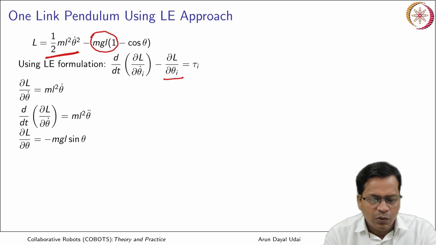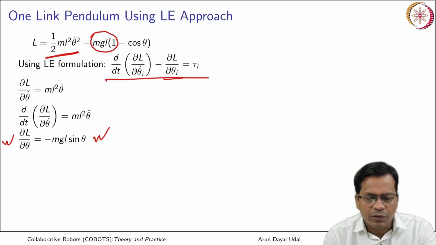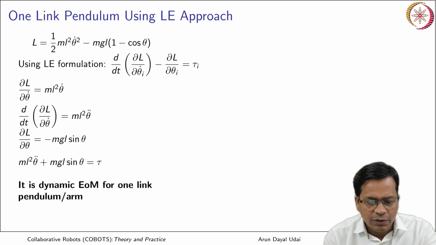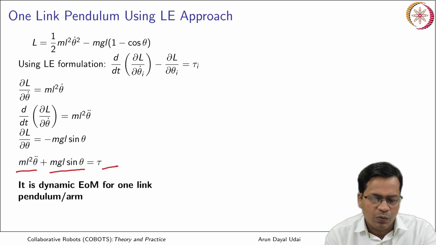Now dou L by dou theta becomes equal to minus m g L sin theta. Got it? Again you can pack them together to create your equation of motion. In this case, it is m L square theta double dot plus m g L sin theta is equal to tau. This is the torque. This is the dynamic equation of motion for a one link pendulum.